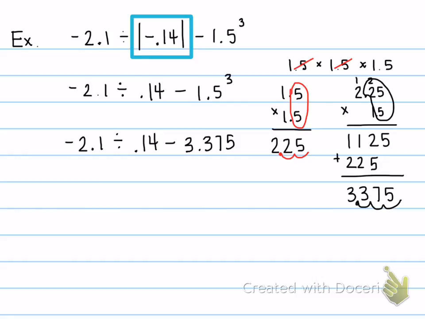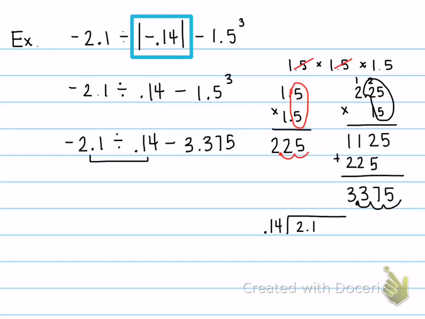Order of operations tells me now I have to look for multiplication and division from left to right. So I'm going to do the negative 2.1 divided by 14 hundredths. So I'm going to keep showing my work because that's what I'm supposed to do. I have 2.1 divided by 14 hundredths.